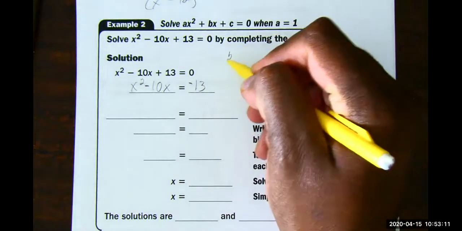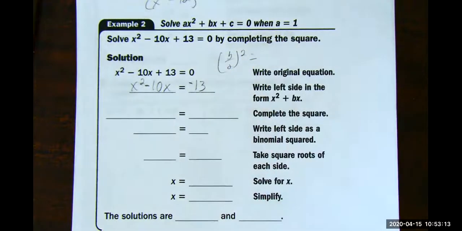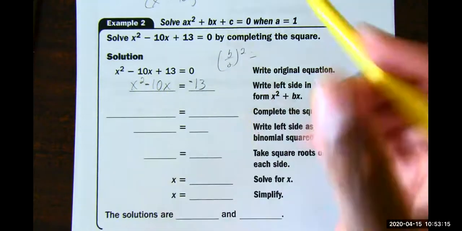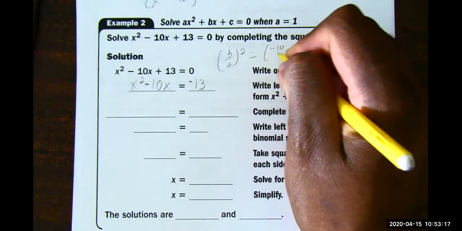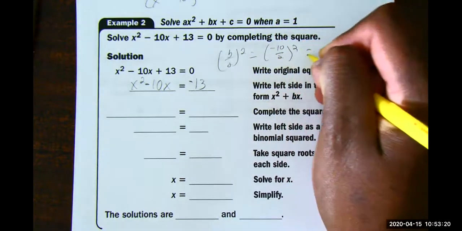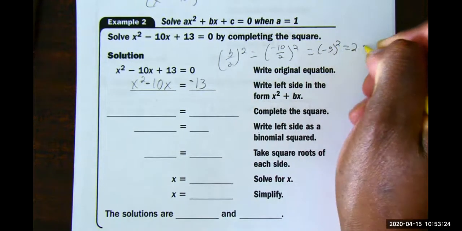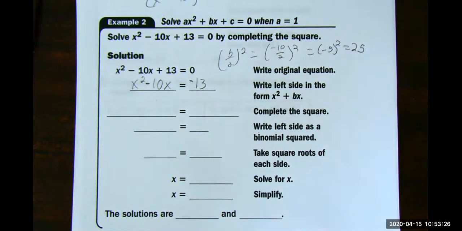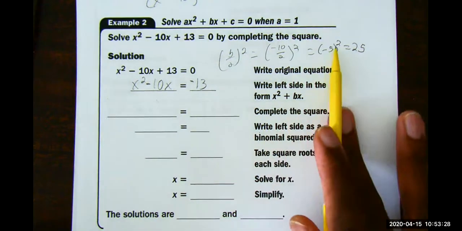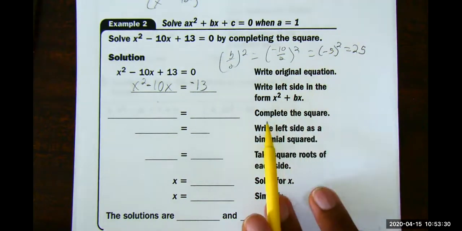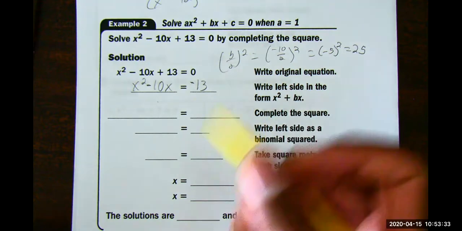I'm going to do my b over 2 squared here. In this case, our b is negative 10. And I'm going to add negative 5 squared to both sides. And this is how we complete the square.